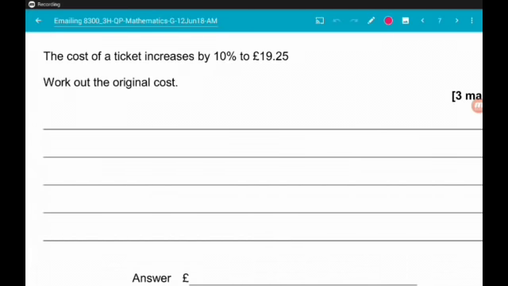9 is reverse percentages, so I'll put my video on that down below. So the cost of a ticket increases by 10% to £19.25p. We want to work out the original cost of the ticket. So, the cost of the ticket has gone from 100% and is increased by 10%.